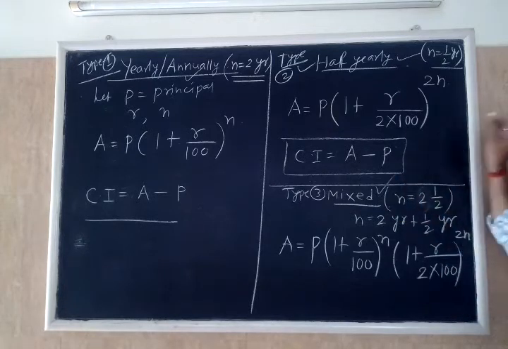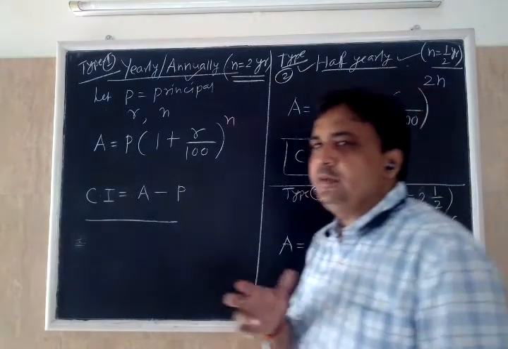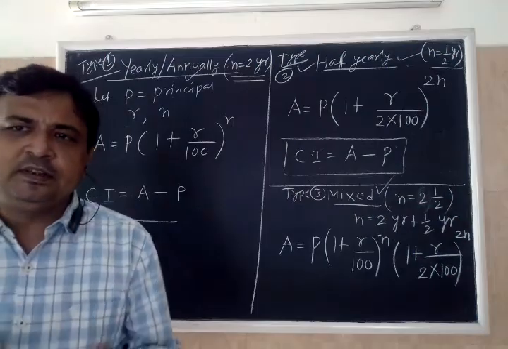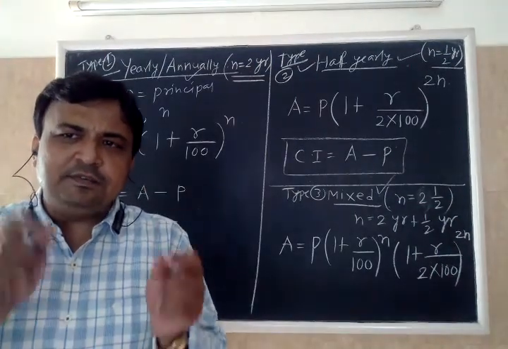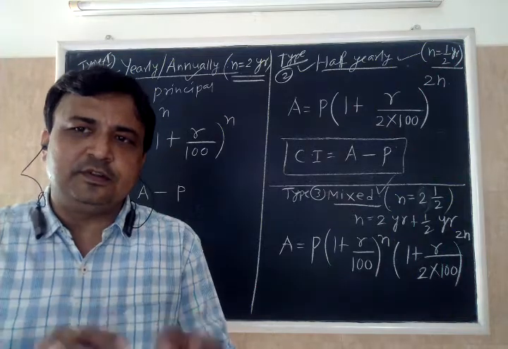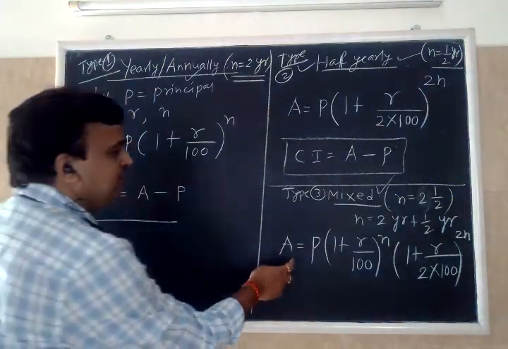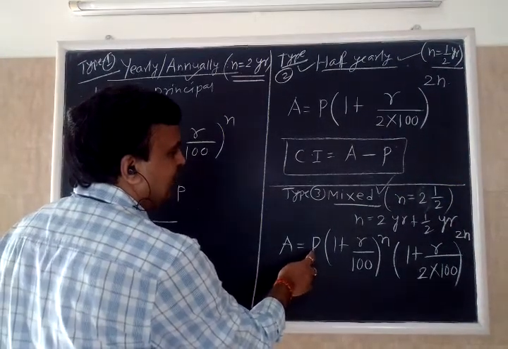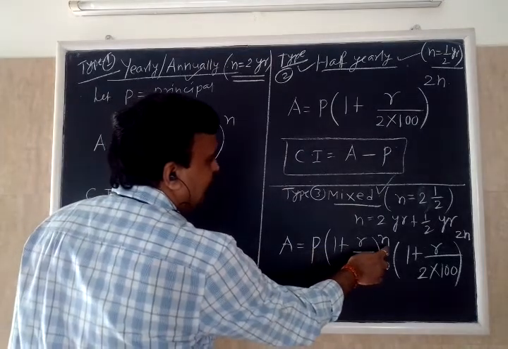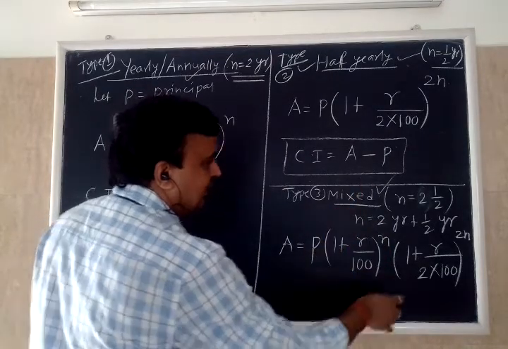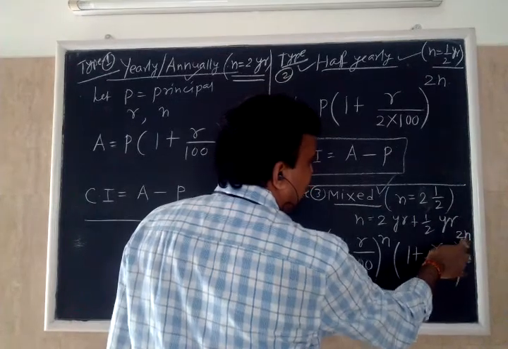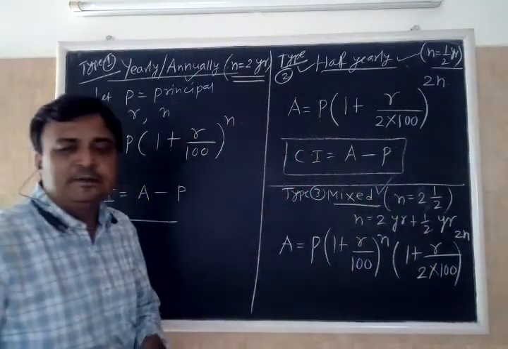In this problem you have to identify the type. First you will write down the formula for yearly, where you take n equal to 2, and for half yearly you take n equal to 1 by 2.